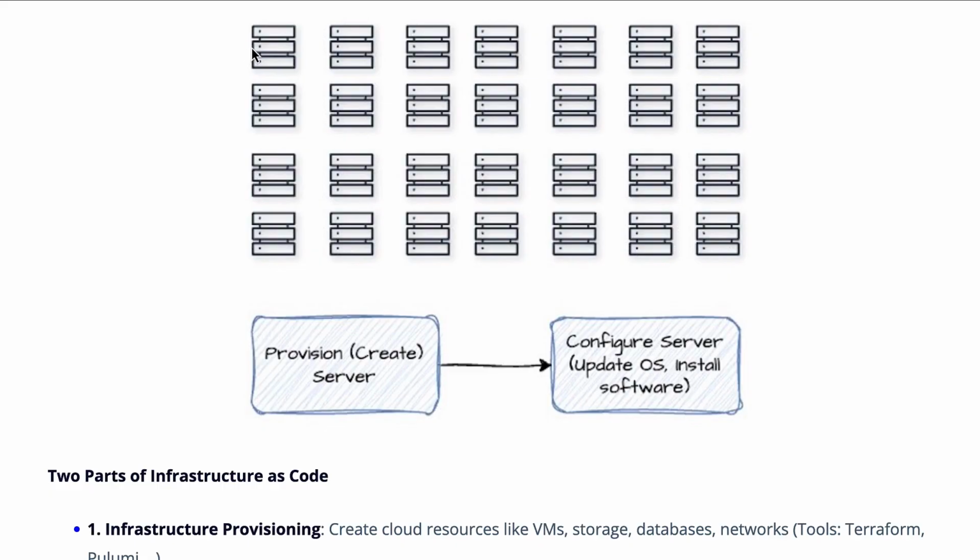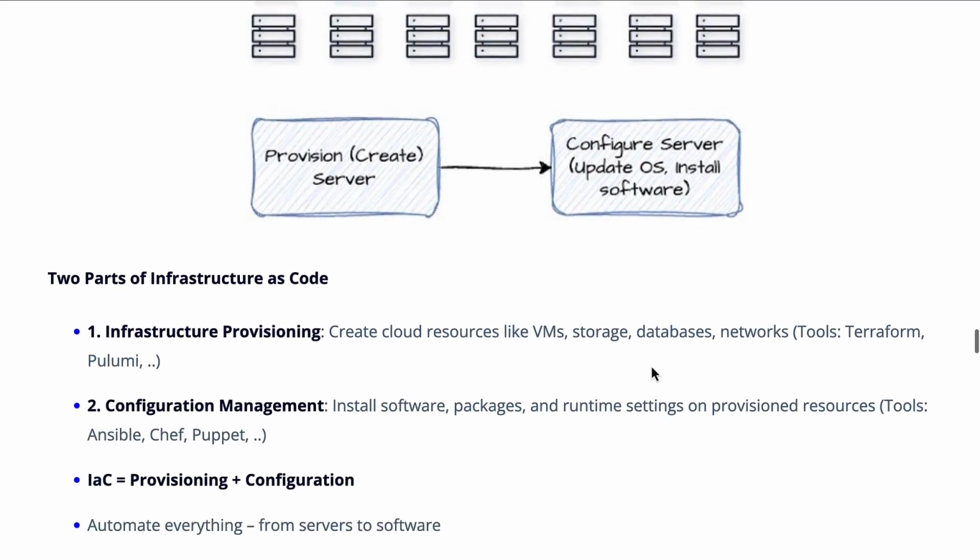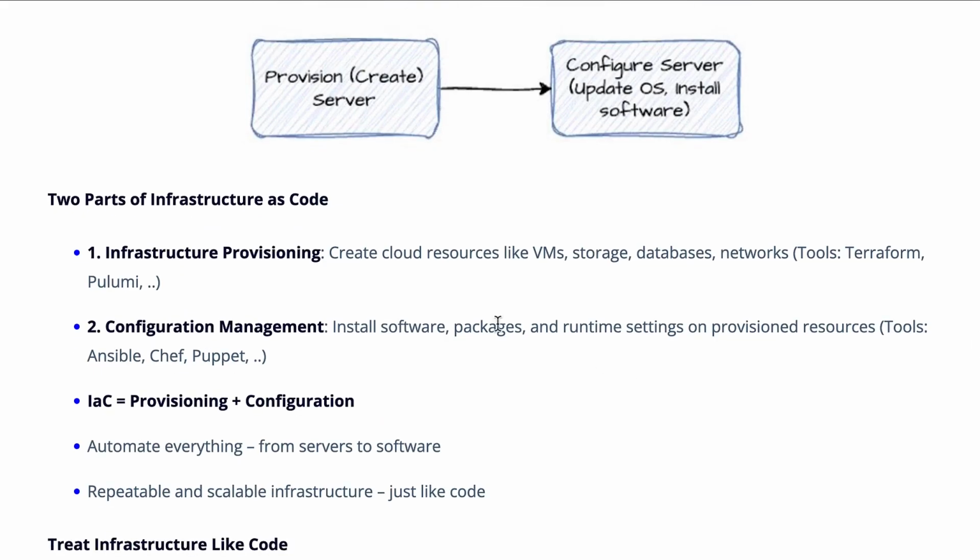You'd want to install patches. You'd want to install software. Maybe you'd want to install Python or Node.js. You'd want to do that. So you would not only provision server, not only create server, but also you'd configure the server. You'd want to update the OS, install the software, and things like that. You'd want to automate both of them through code.